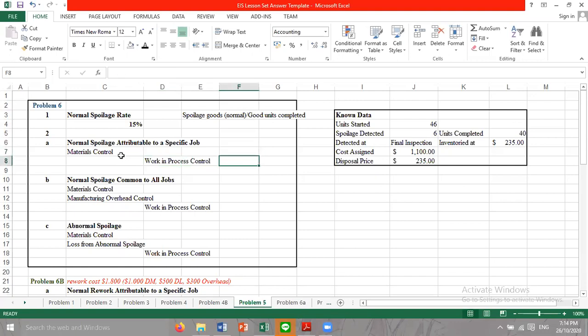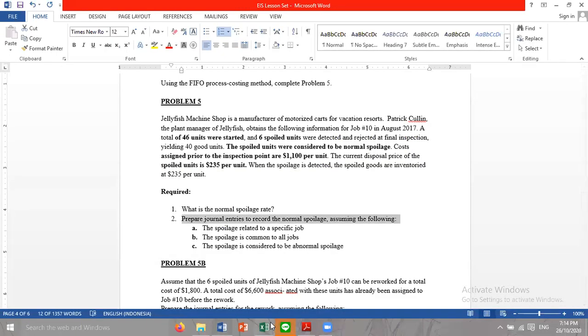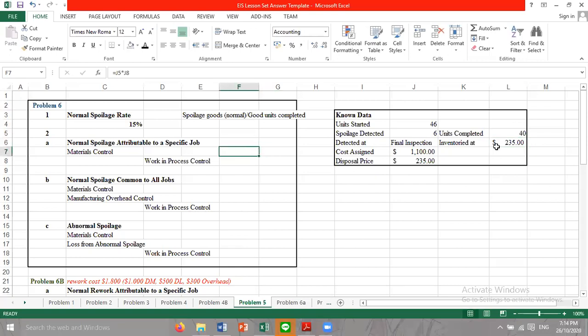We only credit and debit the residual value, or the value of the spoiled goods. Here it says that it's inventoried at $235 per unit, right? So all we need to do is $235 per unit times the 6 units spoiled. So we have a total of $1,410, the disposal price of the spoiled units. There, here we go, $1,410.